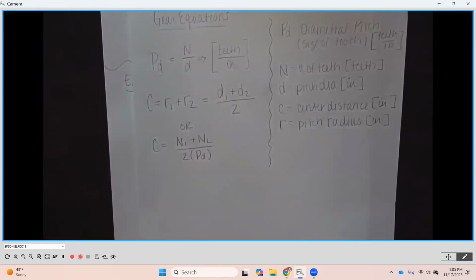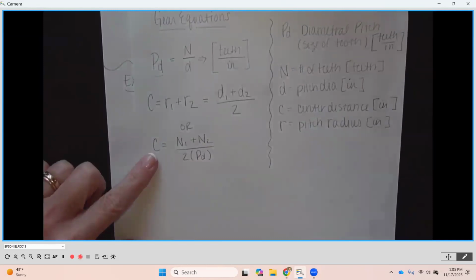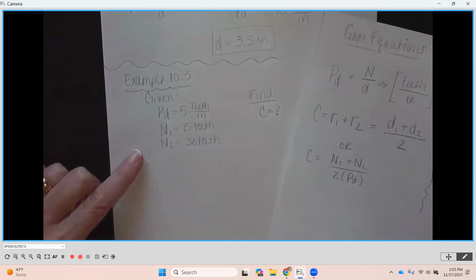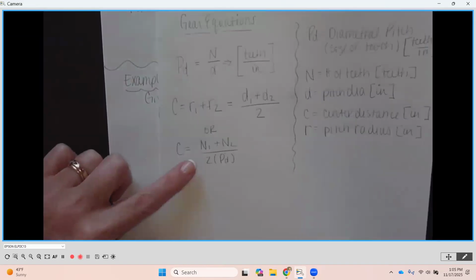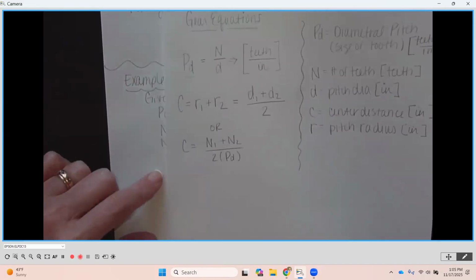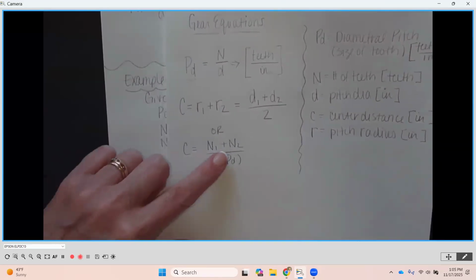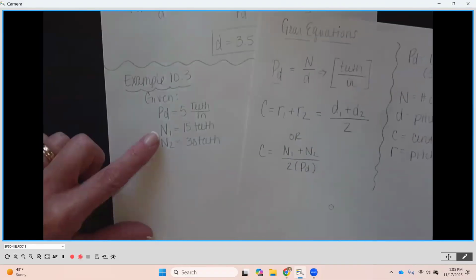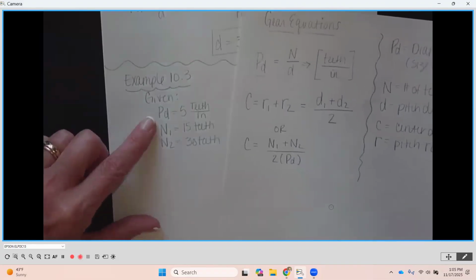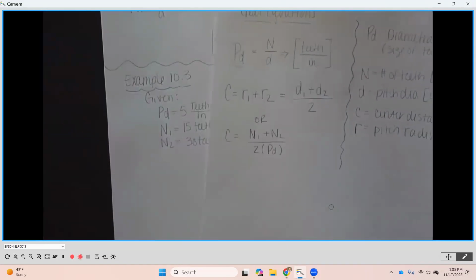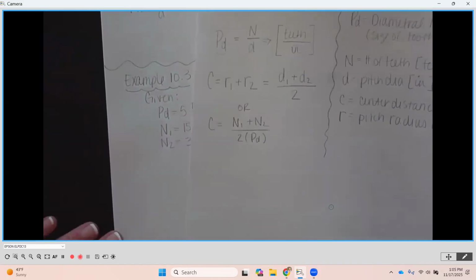The second one. Yeah, the second one. Why are you picking the second one? Because we have those variables, we're not going to need to convert them. Yes, exactly. So you're going to notice that we're given number of teeth for each and the diametral pitch, which the second equation lends itself well to, right?